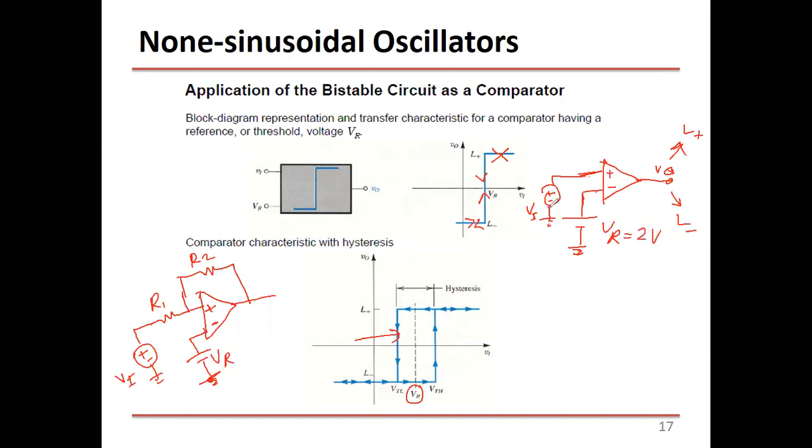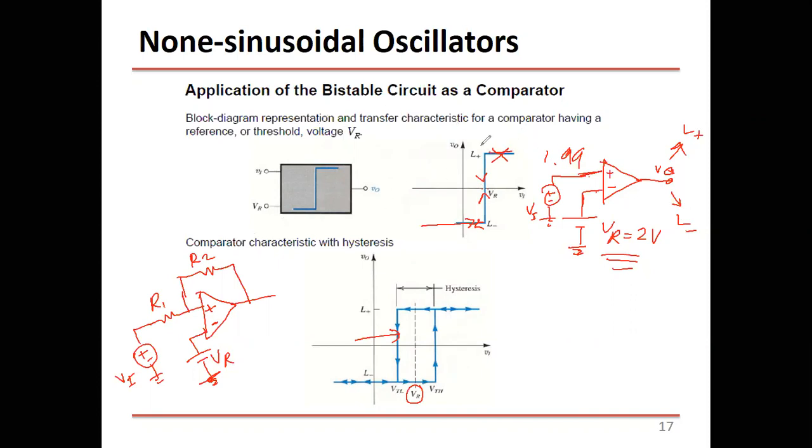If VI is negative, or 1 volt, or 0 volt, or 1.5, or 1.99999, for all these values the inverting terminal is still higher than the non-inverting one, so the output will be negative. Once the input goes beyond this reference, above 2, the output will switch from negative to positive.